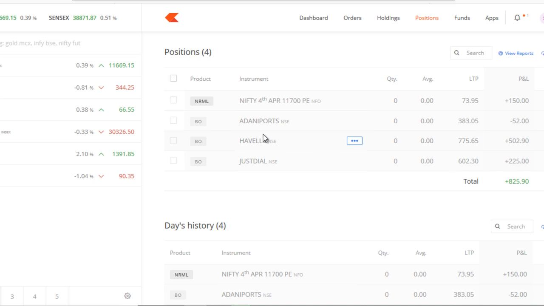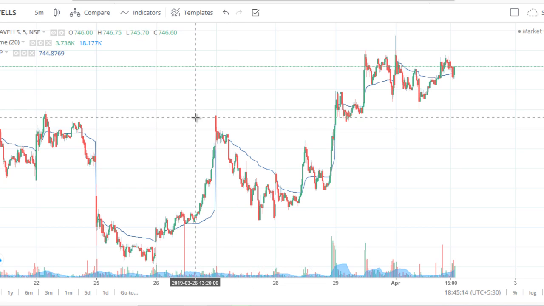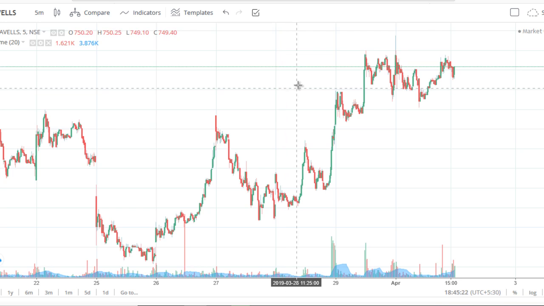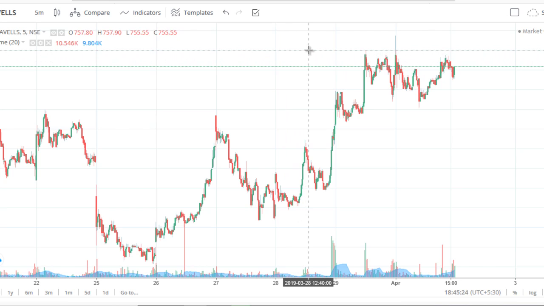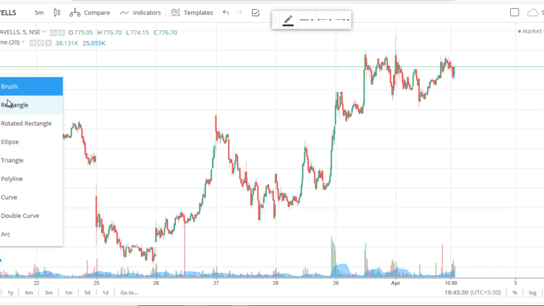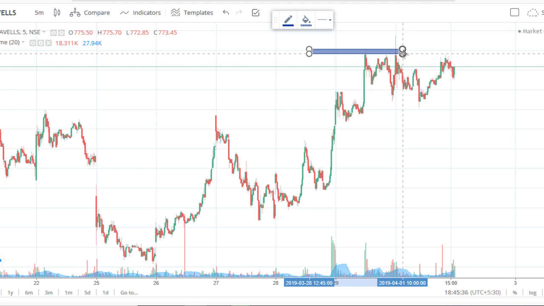And coming to the next trade, I have traded Havels. So this is the chart of Havels. You can clearly see what the resistance levels and support levels are. So let's draw those support and resistance levels before talking anything. This is yesterday's top from where the stock has failed.